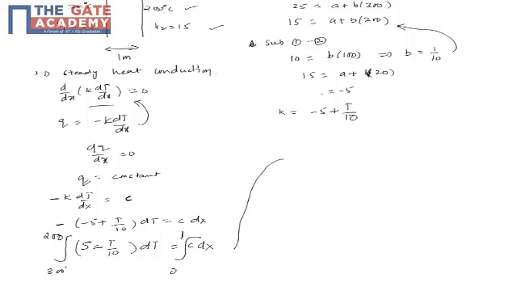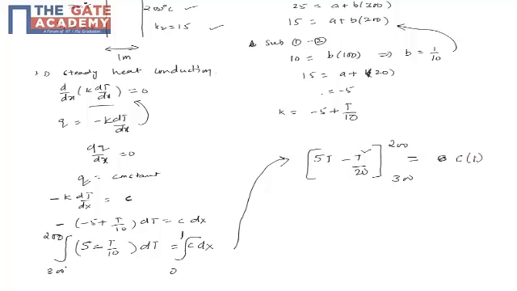Integrating here, it will be 5T minus T squared by 20, with the upper limit 200 and the lower limit 300, and on this side it's C times x.